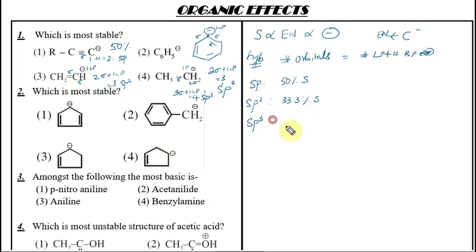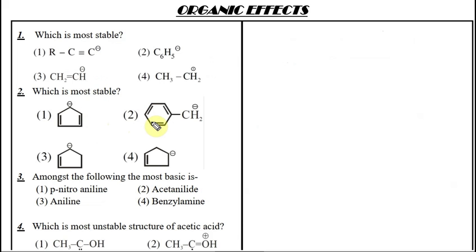In sp3, 4 orbitals, one S, so 25% S character. So the stability of an anion would be sp better than sp2 better than sp3. So your option is going to be alpha, which is the most stable.